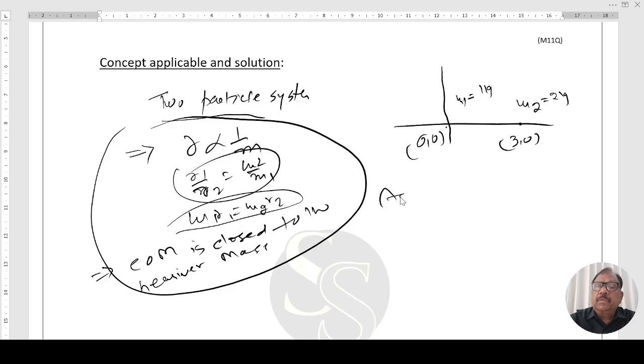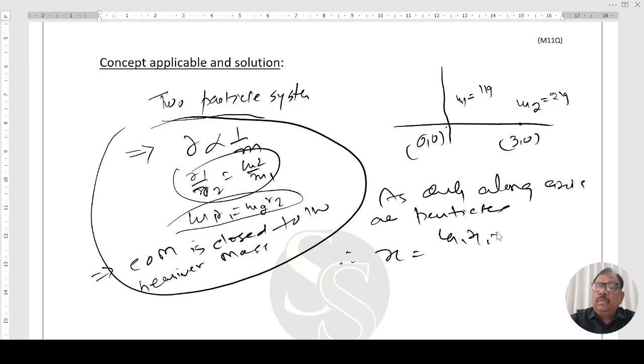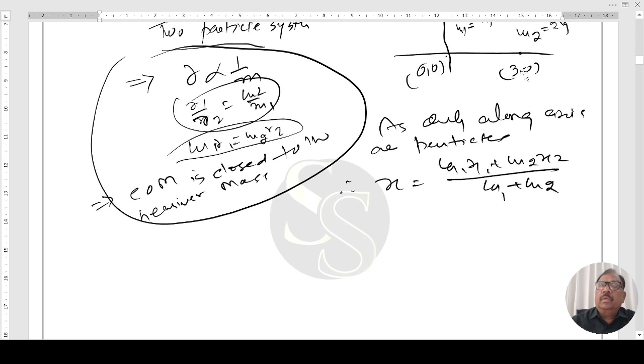Now, as the particles are only along x-axis, therefore x will be equal to m1 x1 plus m2 x2 divided by m1 plus m2, right? Here m1 is 1 kg and point is 0 0, and m2 is 2 kg, point is 3 0.